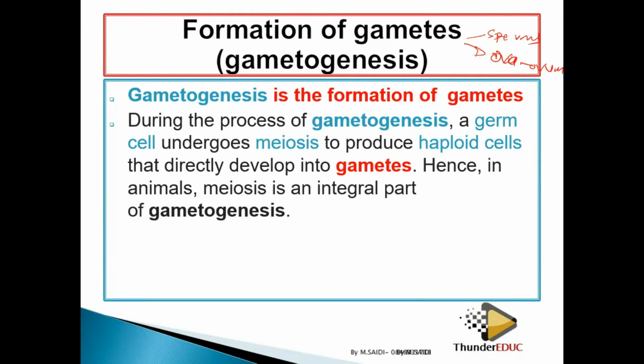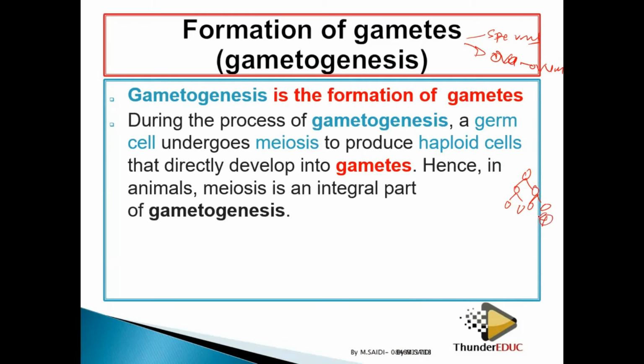During this process of gametogenesis, the germ cell will undergo meiosis. Remember when we talk about meiosis, we are having four cells. One cell undergoes meiosis 1, and then also another cell undergoes meiosis 1. So you have one cell forming 2, and then 2 forming 4.